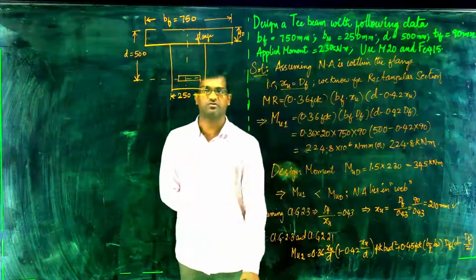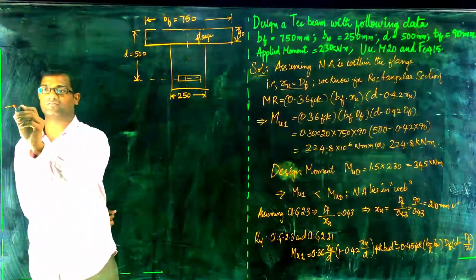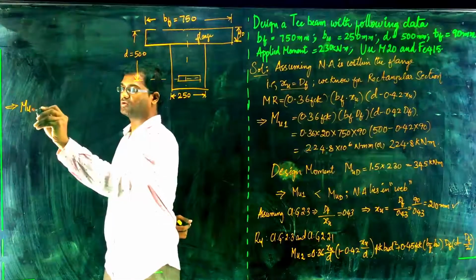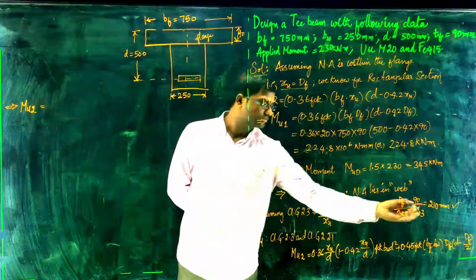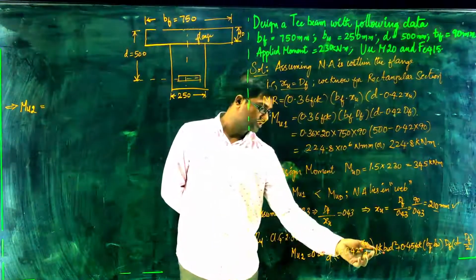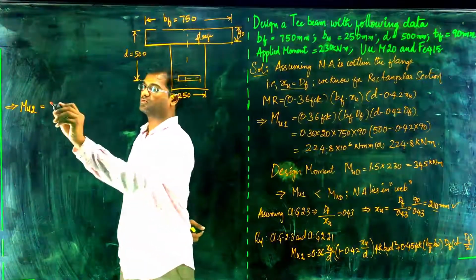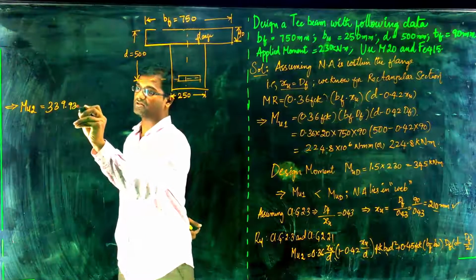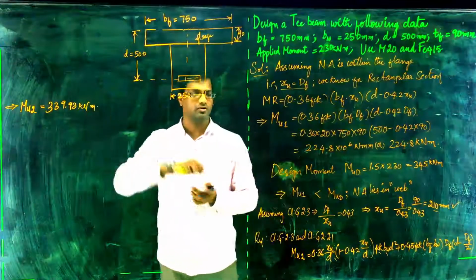This is the equation which we have. So if you substitute these values, you know Xu is 210, you know d, you know fck, you know bw. If you substitute all these values, you will get Mu2 value as 339.93 kilonewton meter. Now you have got the new moment of resistance.